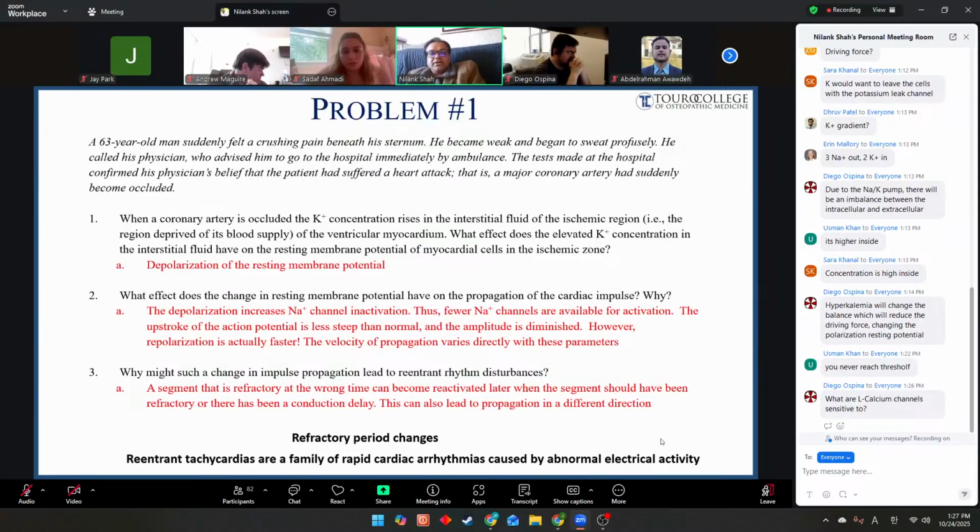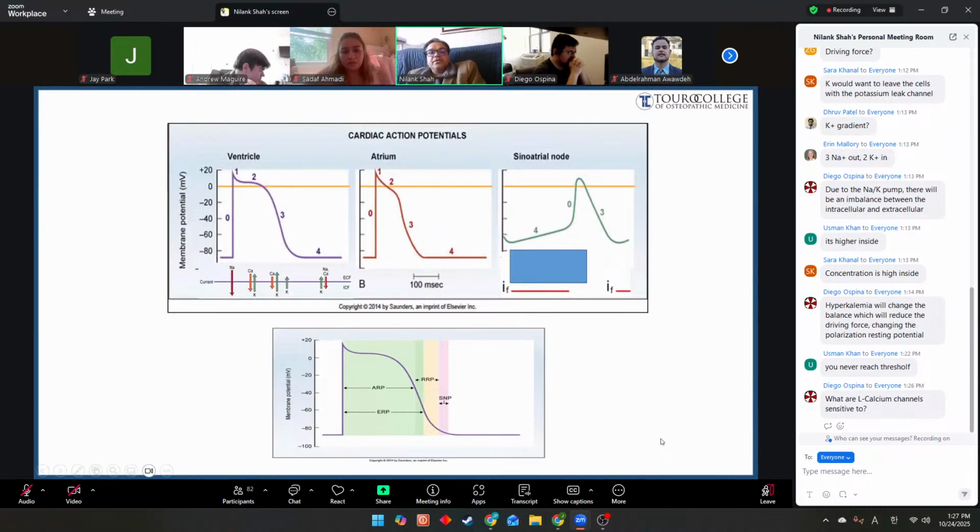We talked about that yesterday. So this is phase 2 here. You can see phase 2. What would happen to the phase 2 here? Because of decreased inward calcium current, what would happen to the outward potassium current? Potassium conductance is higher. Very good.